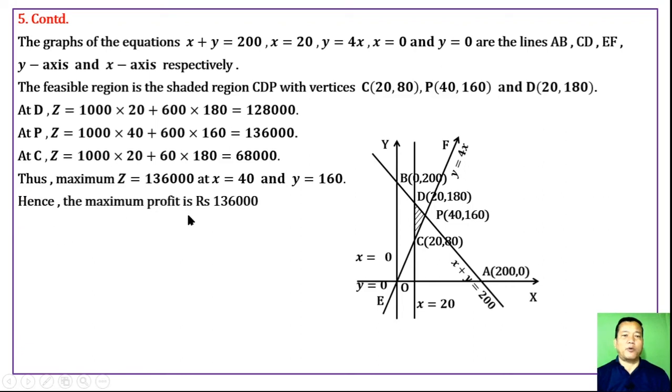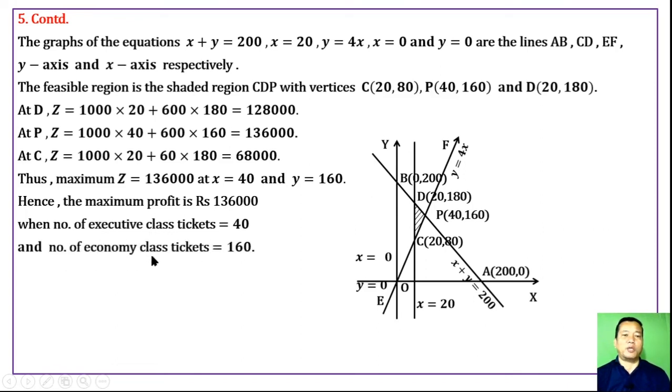Hence, the maximum profit is rupees 1,36,000 when the number of executive class tickets is 40 and the number of economy class tickets is 160.